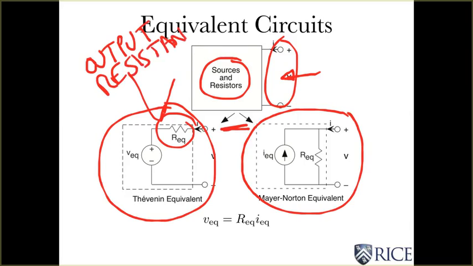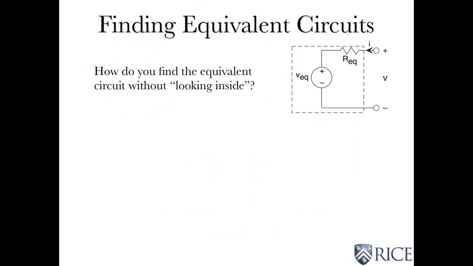And we'll see that this is an important quantity in just a second. Now, this equation ties these two equivalent circuits together, so that VEQ is REQ times IEQ. So if you find one, you've got all you need to find the other. No problem.